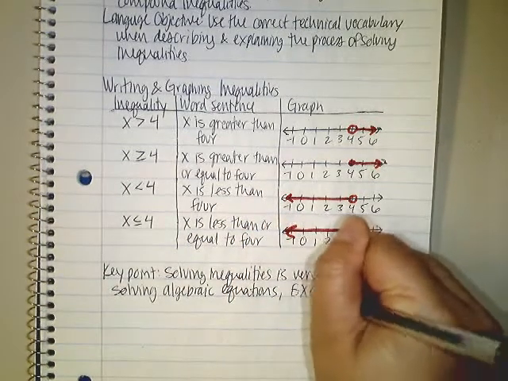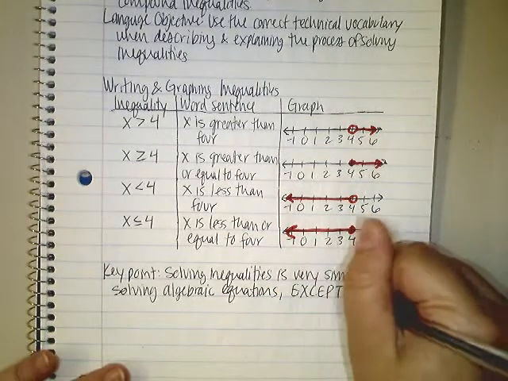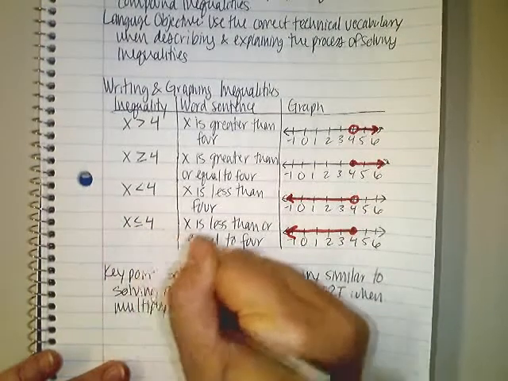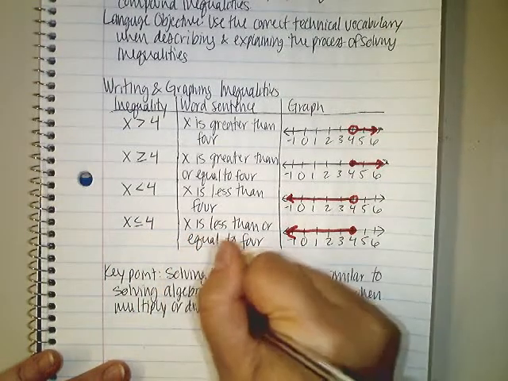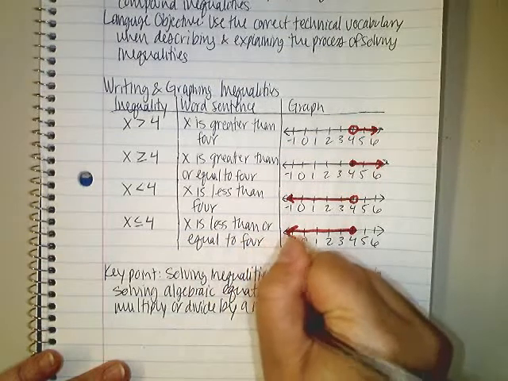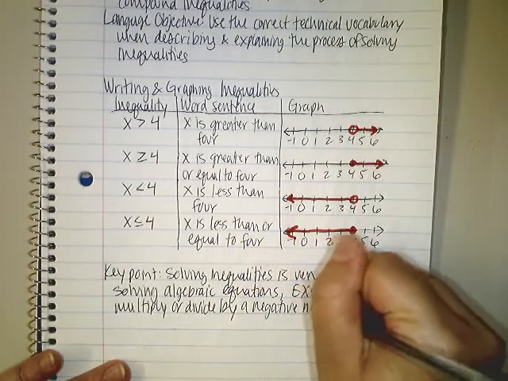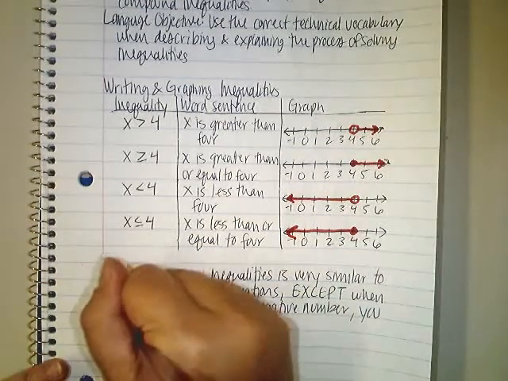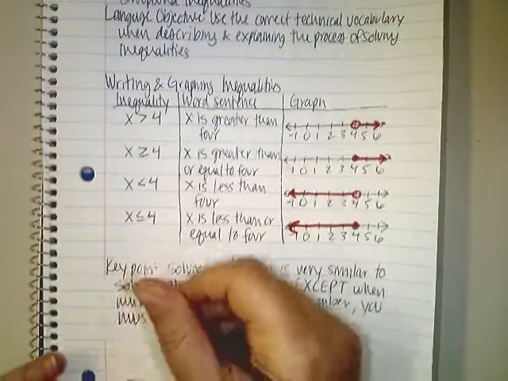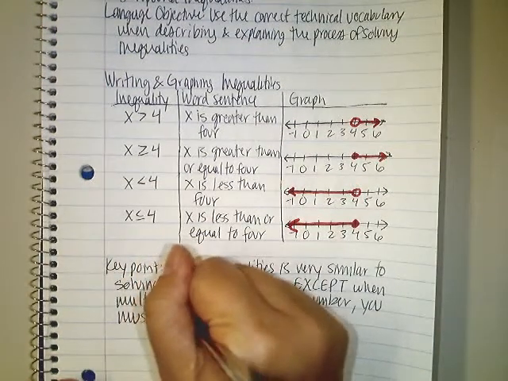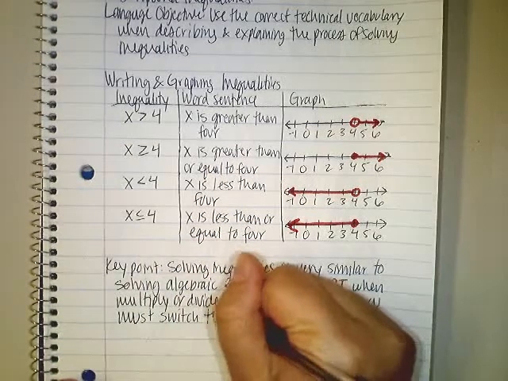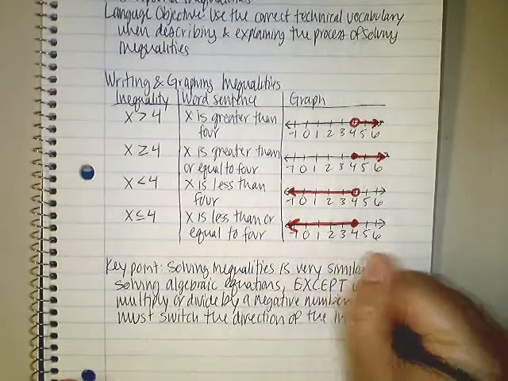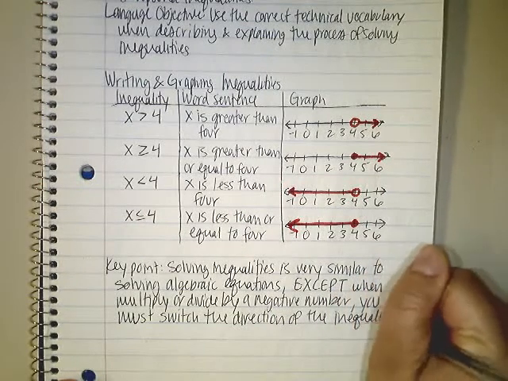Except, and you guys probably have heard this before, when you multiply or divide by a negative number, you must switch the sign. Sorry, you must switch the inequality. The direction of the inequality.